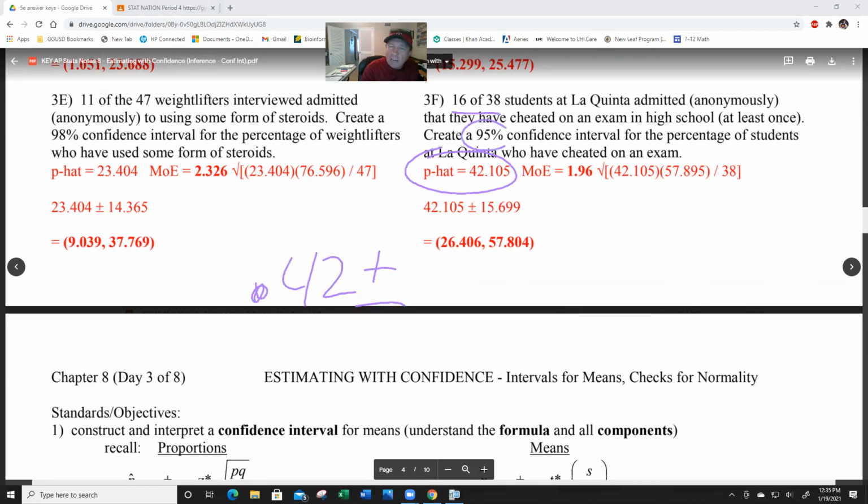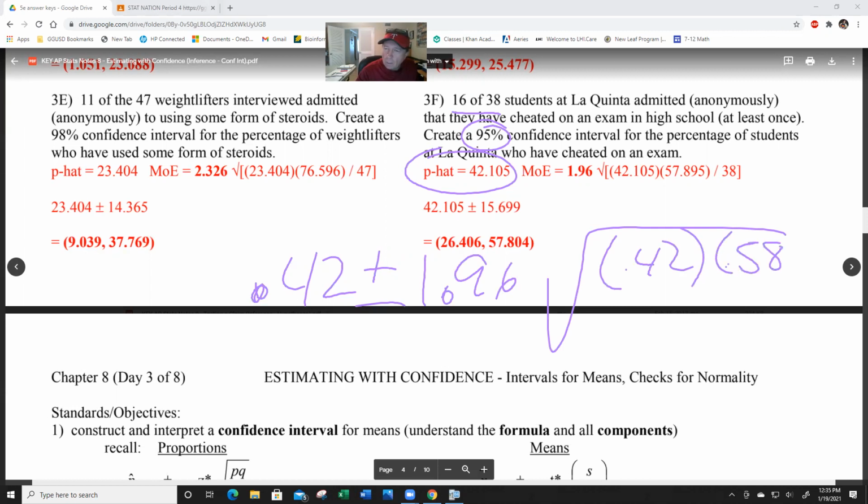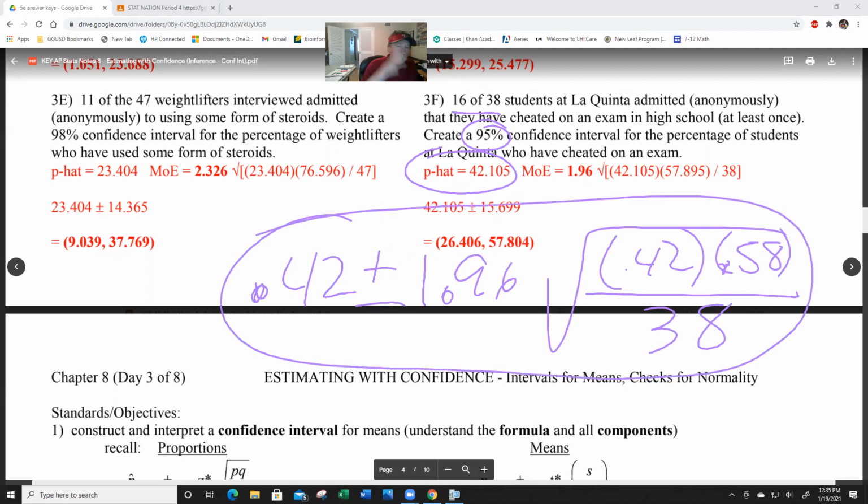I've memorized 95%, 1.96 times P, 1 minus P over N, and N is 38, okay? Write that down, but you don't have to do the work.